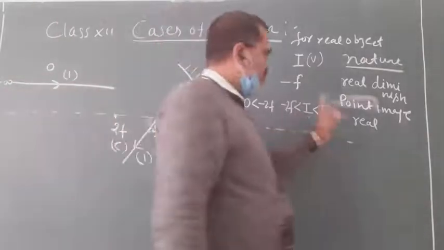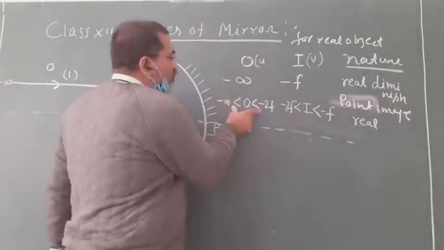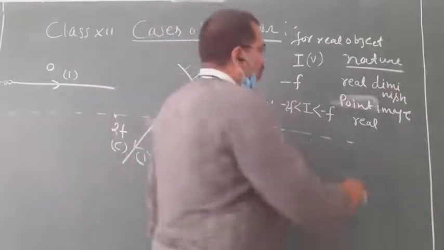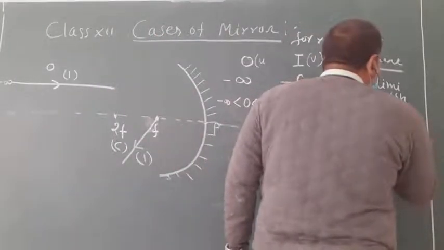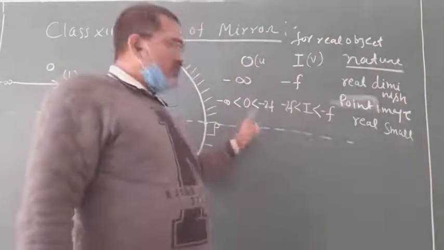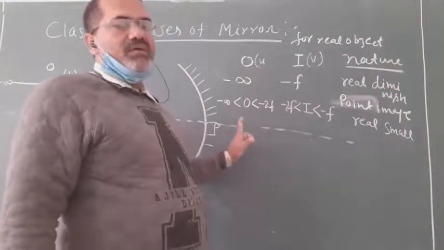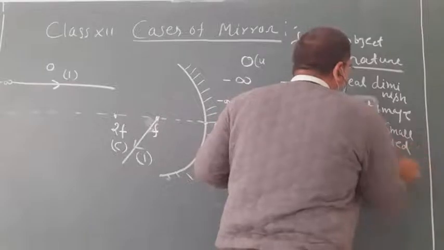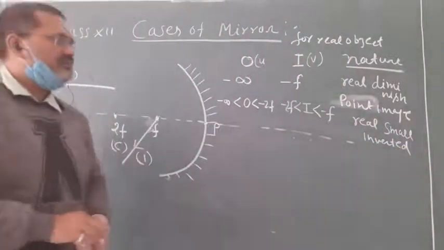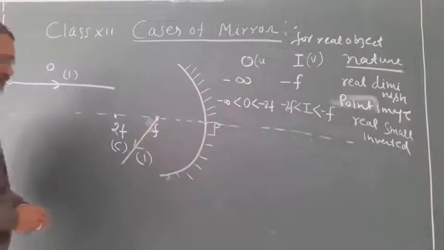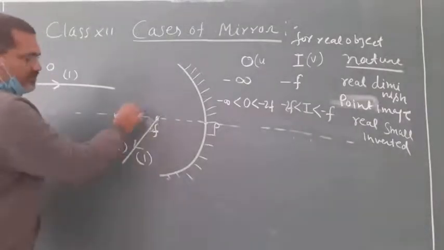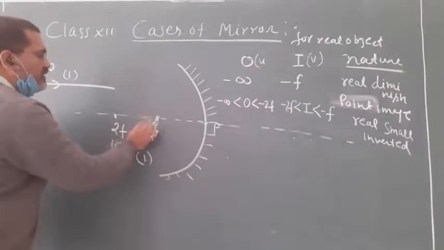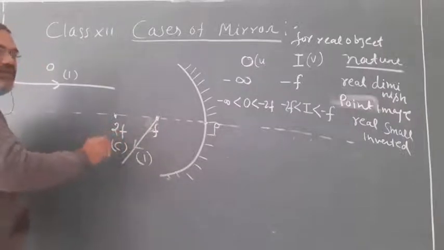U is very large as compared to V, so the image is small, and the side of both object and image is same, so inverted image. Listen, from this point the size of image increases, and at 2f the size of image will be same as the size of object.